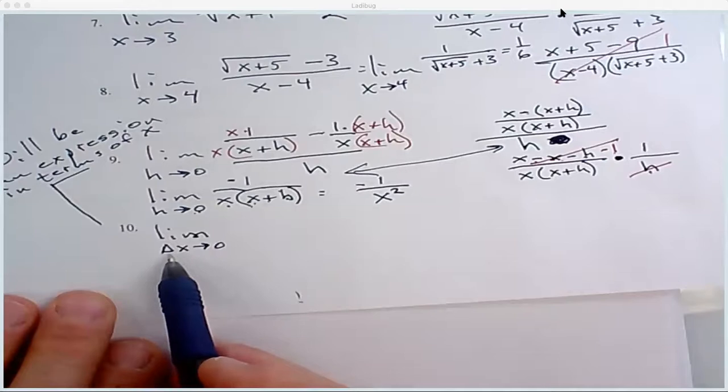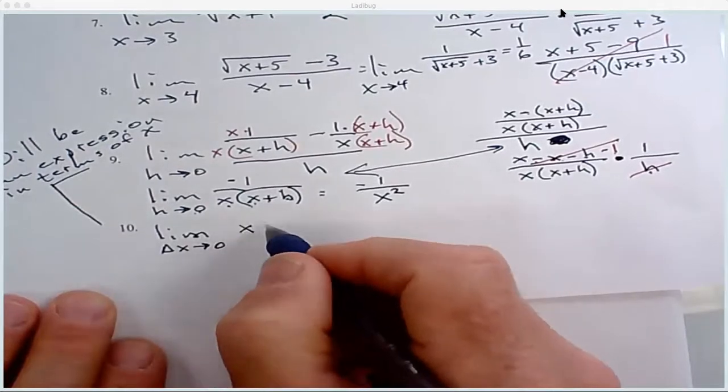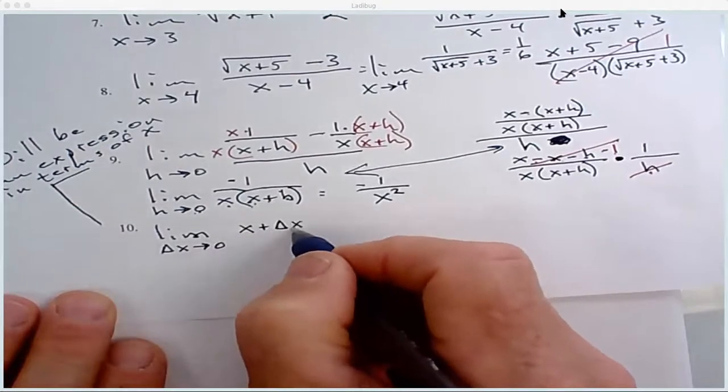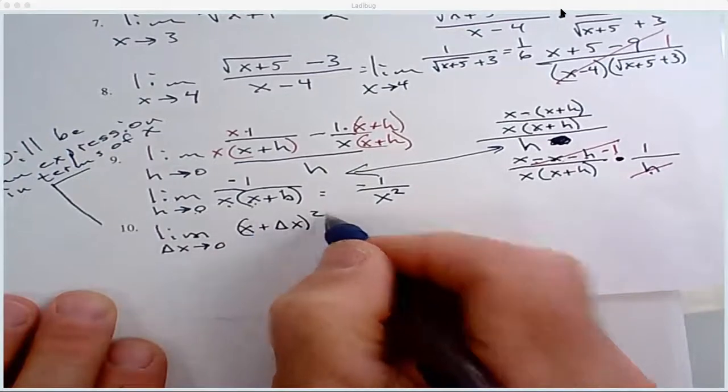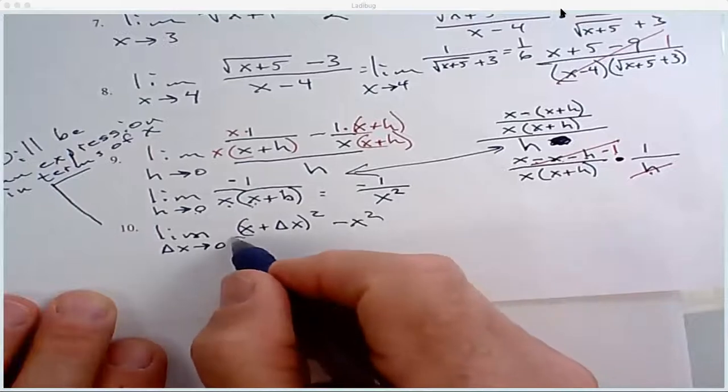It does not mean triangle times x. It is just a fancy-dancy variable. And up here I'm going to have x plus delta x squared minus x squared over delta x.